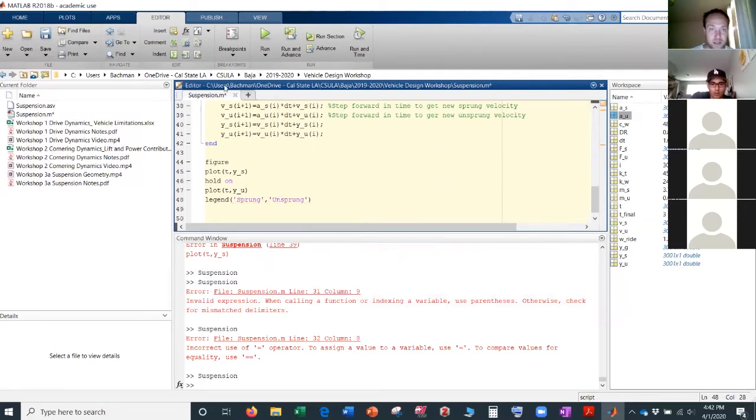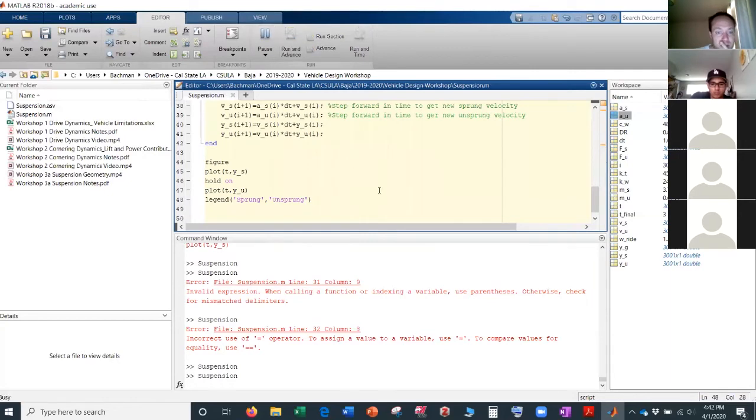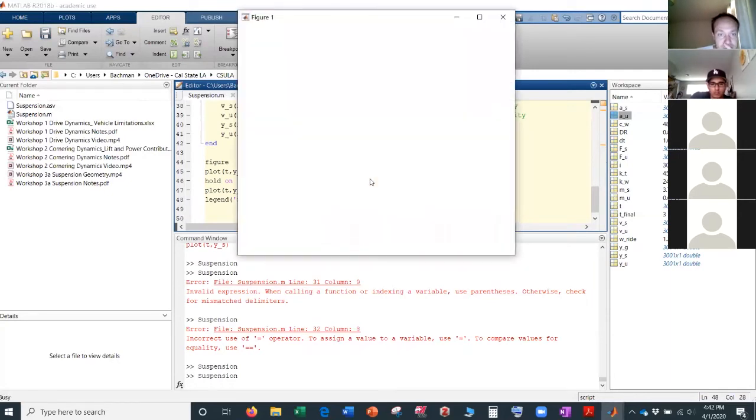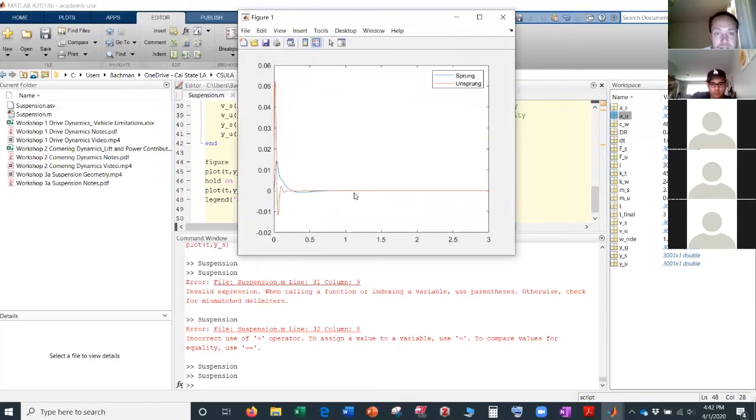Okay. So you see the unsprung kind of rings for about half a second, but the sprung mass does not ring quite as much, right? So that's good.